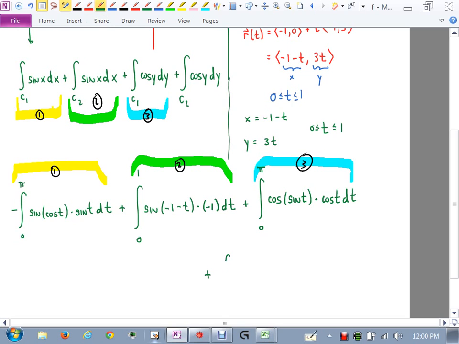Plus, now we're on C2 again, 0 to 1. Cosine of y. What was y on C2? 3t. Then dy, which is derivative of y with respect to t, which is 3 dt. There we go. We're there.